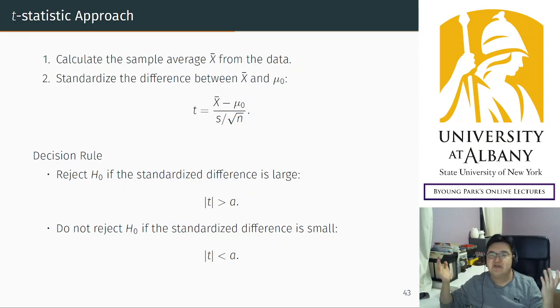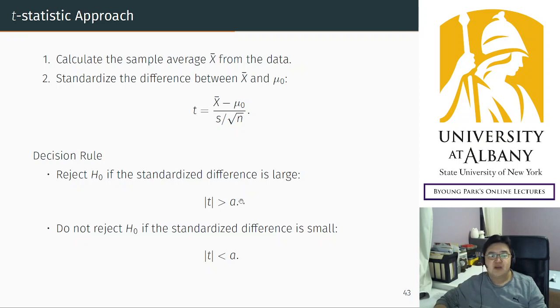Your belief is too much different from the data. Otherwise, if the difference is within plus minus A, within a certain margin, then you do not need to reject your hypothesis. This will be our decision rule. But here we have to determine how to choose this value.